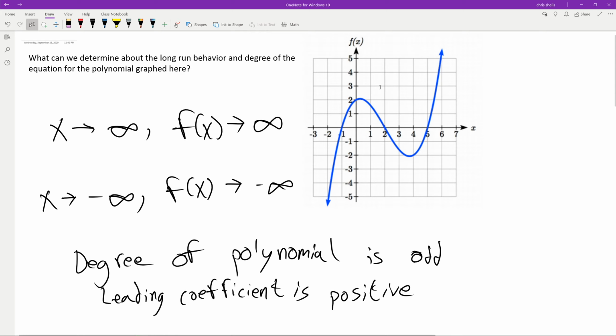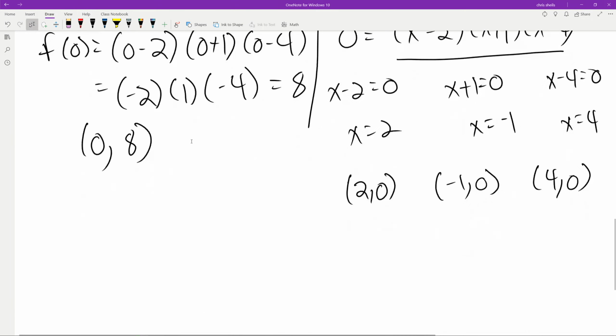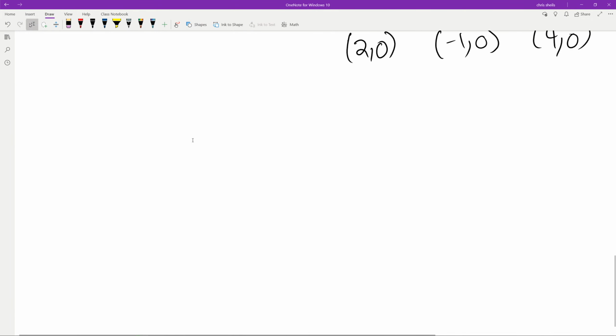It has 2 places where the graph changes direction, right? The graph changes direction about here at this black dot, and back down here at this black dot as well. So we're going to make just a general statement about intercepts and turning points. We won't justify it yet, but perhaps we will later.